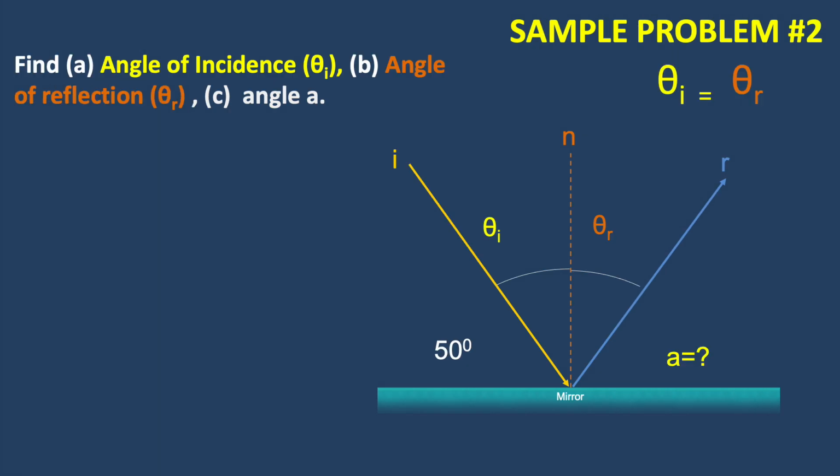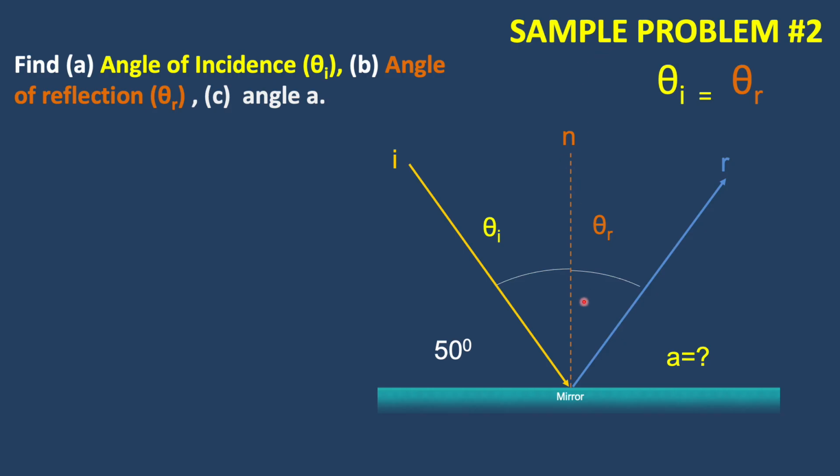So this time, you are going to solve problem number 2. Find the angle of incidence, angle of reflection, and angle A. And do not forget to apply the law of reflection, wherein the angle of incidence is always equal to the angle of reflection.